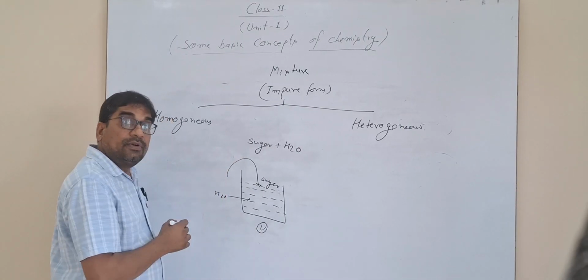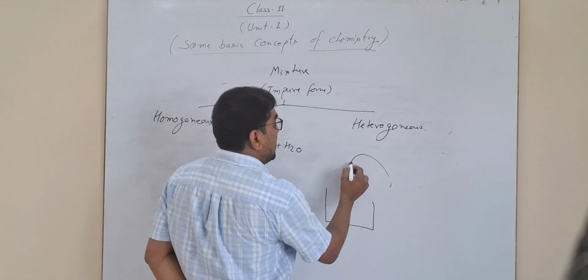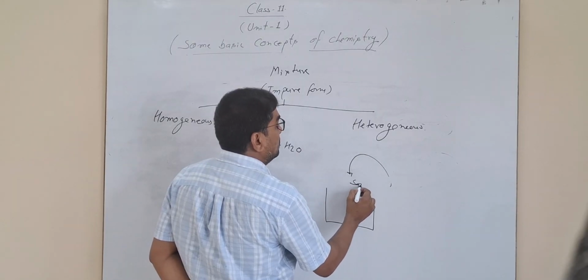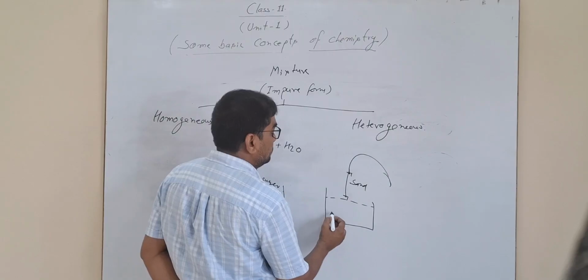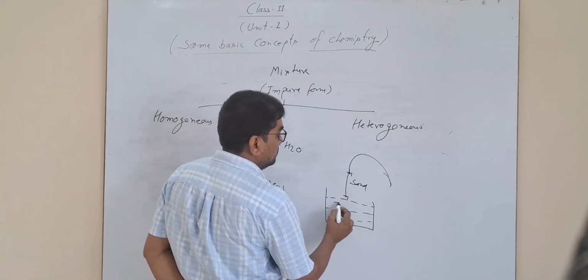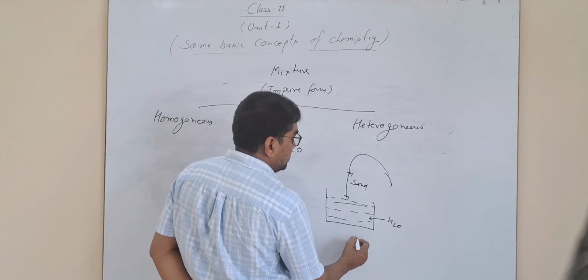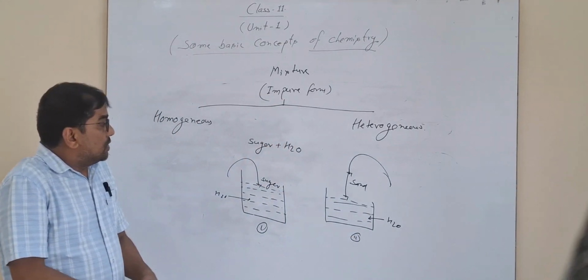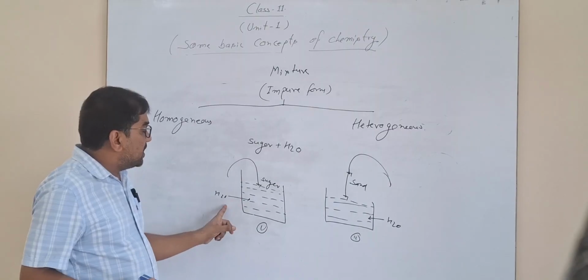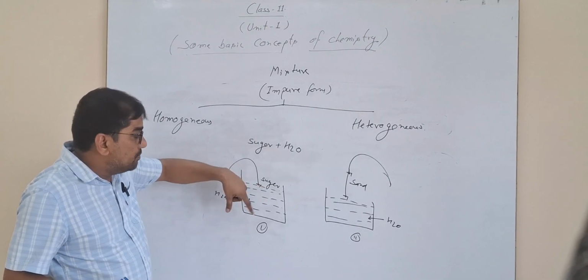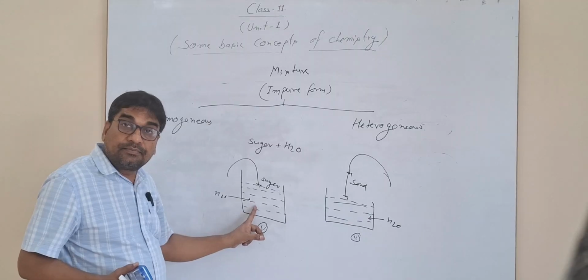That is experiment 1. In the next experiment, sand is mixed in water. What we observed is that all the sugar particles get dissolved completely in water and make a solution.